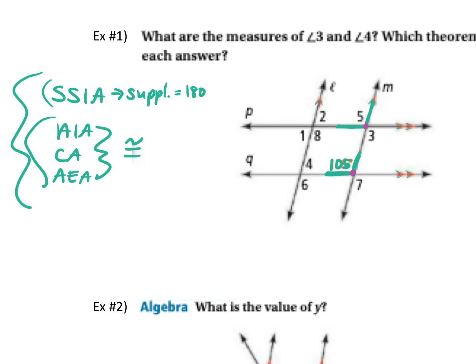Top left, top left. What kind of angles are those? They're corresponding. So angle 5 is a corresponding angle. Corresponding angles are congruent. So if this one is 105, then what's the measure of angle 5? 105. So we would say angle 5 is 105 degrees because of corresponding angles.